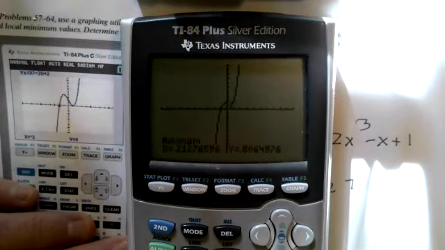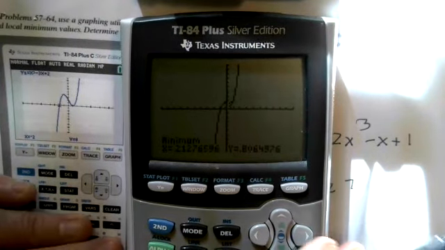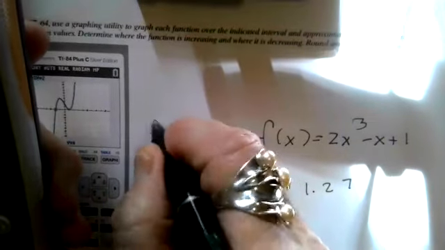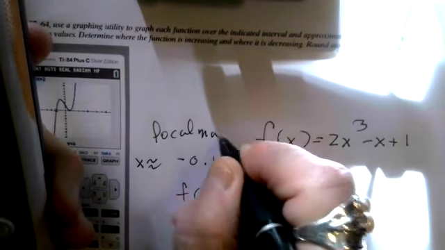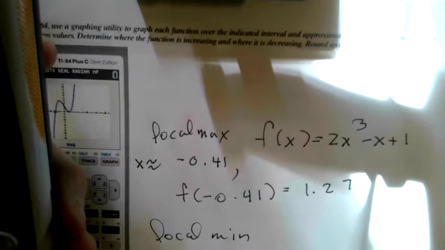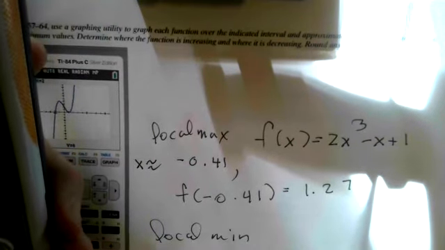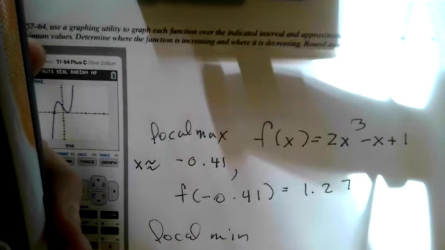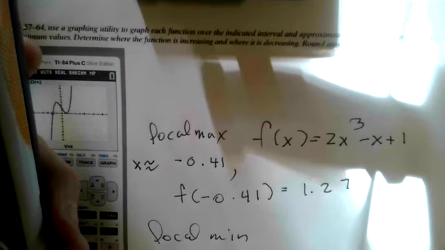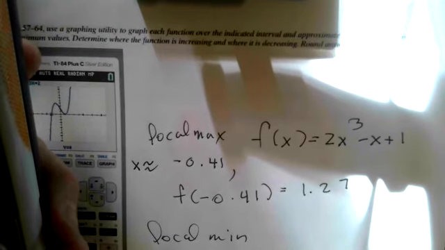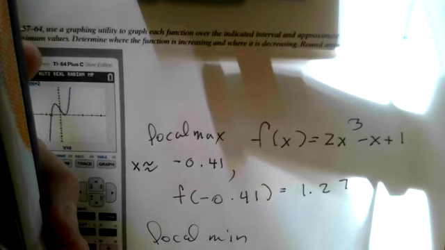it found it. Okay, so it found the local minimum. This is my local max, and this is my local min. And it says that this occurs at about 0.2128, I guess, and f of 0.2128 is approximately 0.8065.